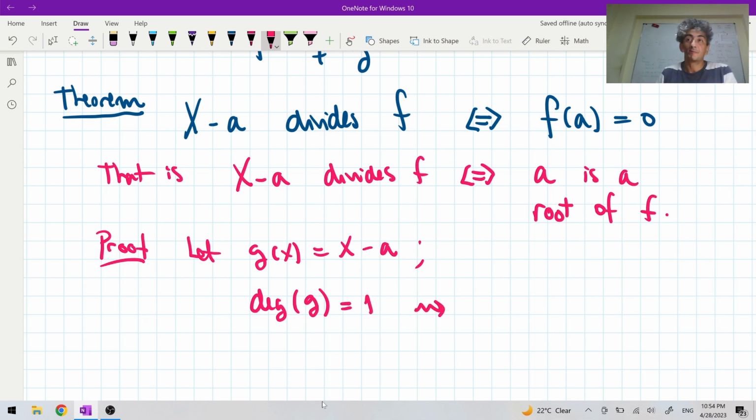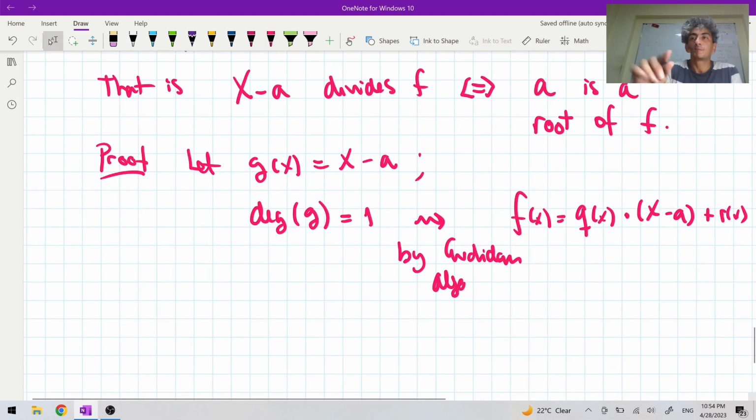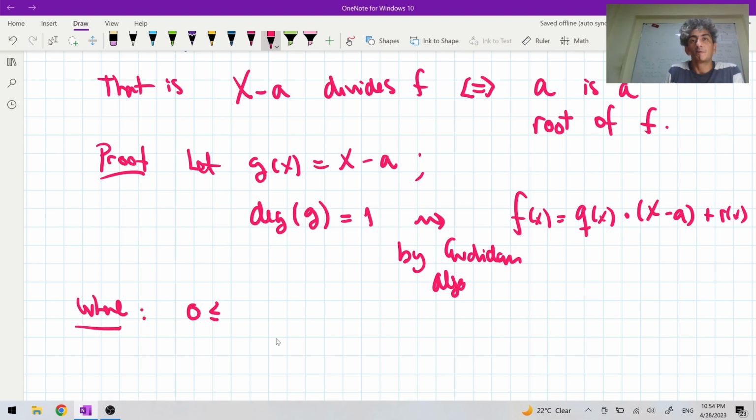Then, by the Euclidean algorithm, f of x can be written as q of x times x minus a plus r of x, where the remainder needs to have a degree which is greater or equal to 0 and strictly less than 1.